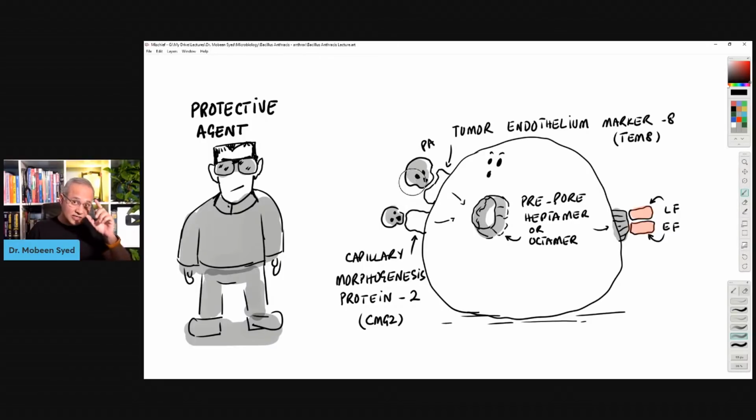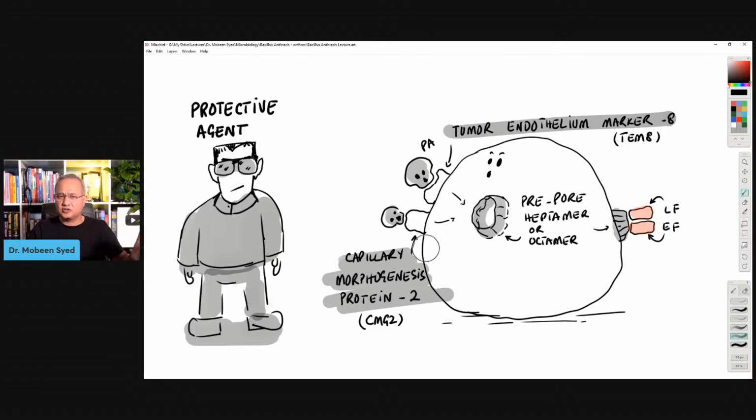What it does, the protective agent is following. Imagine this skull is a protective agent. It can bind to 2 receptors on our cells. One receptor is called tumor endothelial marker 8, TEM8. The other one is called capillary morphogenesis protein 2, or CMG2.